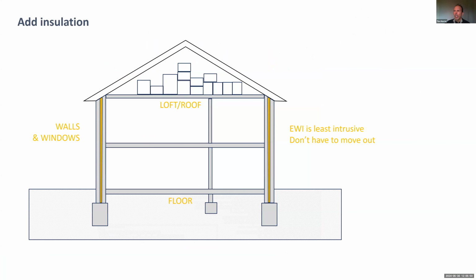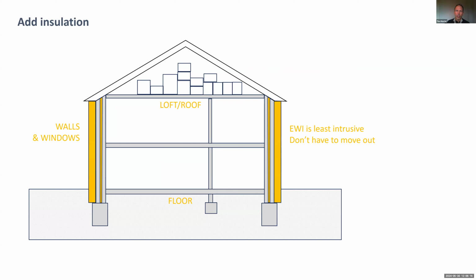If you weren't going with a standard, and were just putting ideas together, you might go to a builder or an EWI specialist, and they say, we see you've got lots of stuff in your loft. We think the best thing for you might be to have EWI, and that's least intrusive.